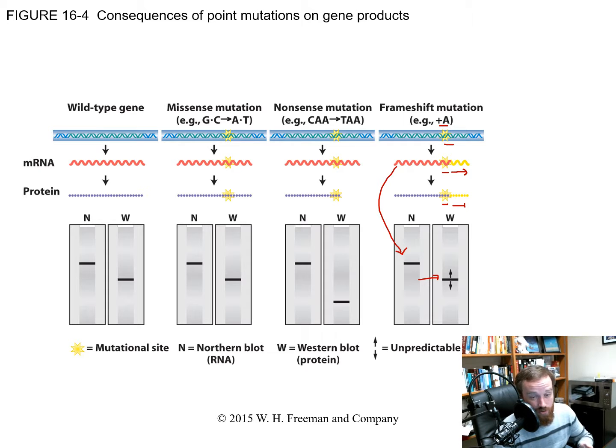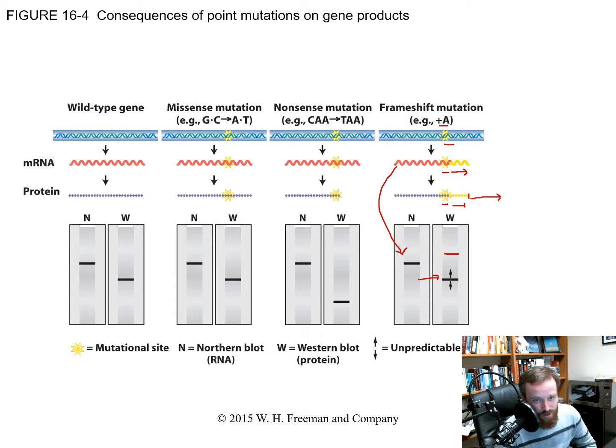And those stop codons are shifted as well. And so if you shift the stop codon at the very end of this amino acid sequence, it's possible that this sequence will run on a lot longer than it normally did. And thus, we would have a band up here where we would have a much bigger protein.